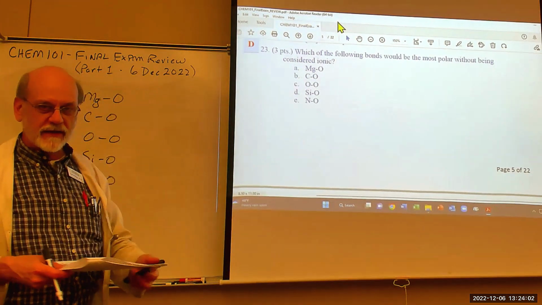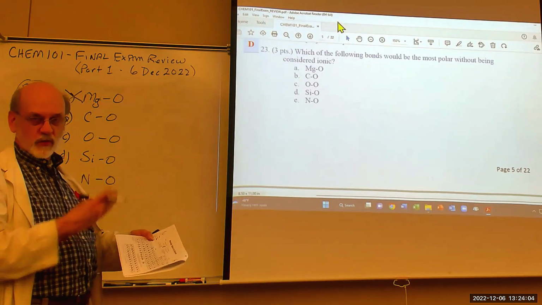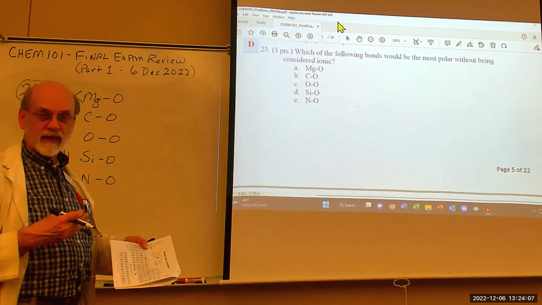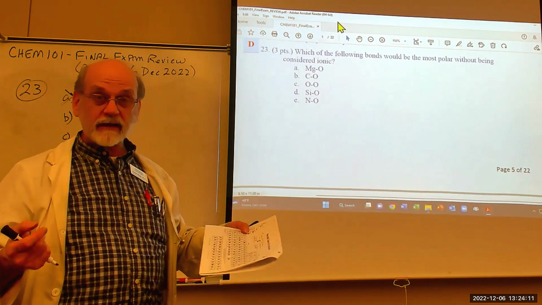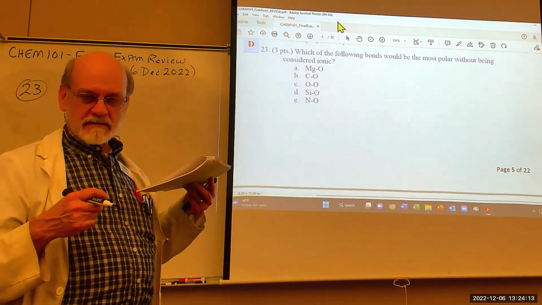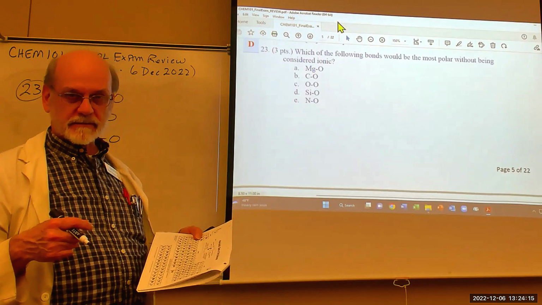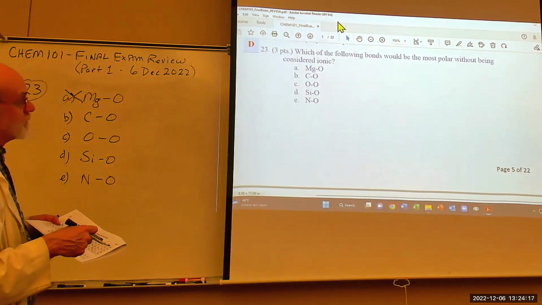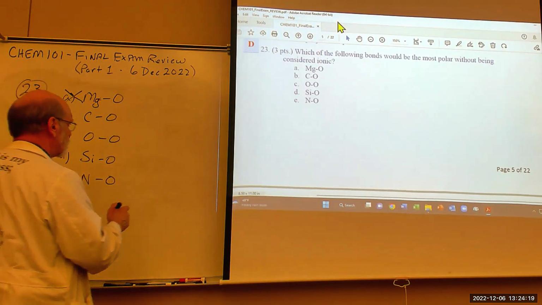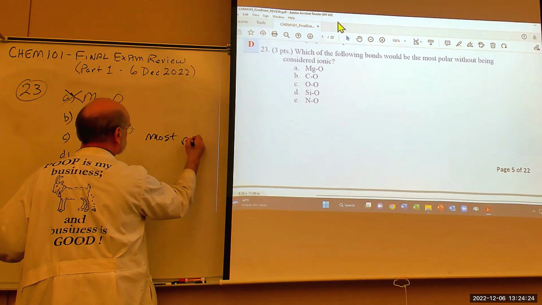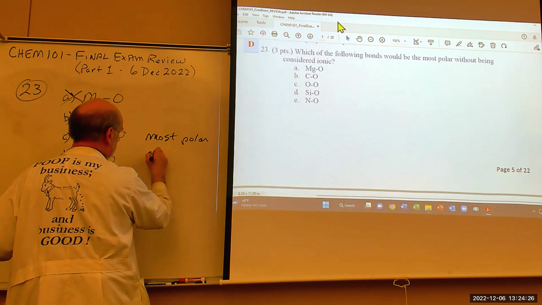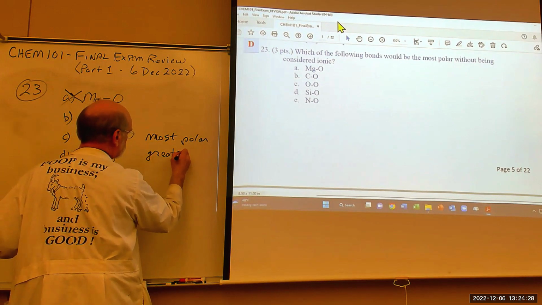So now we can look at their relative positions to one another in the periodic table, and we're actually comparing qualitatively the electronegativities. So the one that would be the most polar would be the greatest distance.